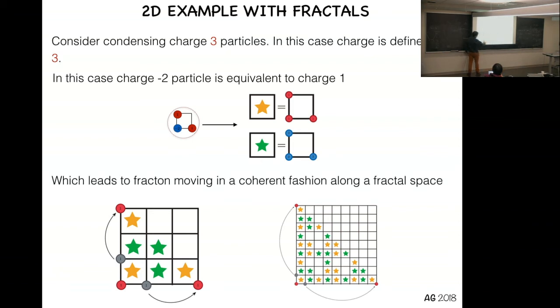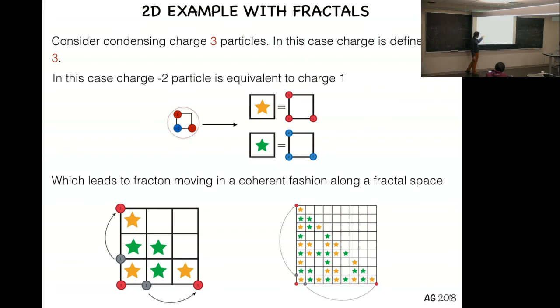So we create one of these guys and we try to move this particle as far away as we can. Turns out that if you try to move it just by one lattice site, you will end up with some particles in the middle. There's no way to avoid it. However, if you want to move it by two lattice sites, you have to apply these yellow star operators here, here, and there, and green star operators here, here, and here, and everything in the middle just magically disappears.